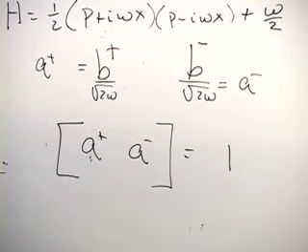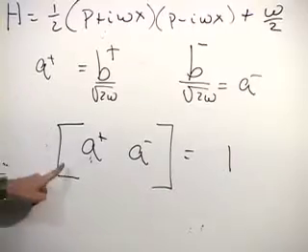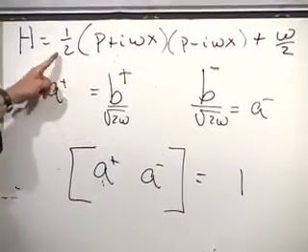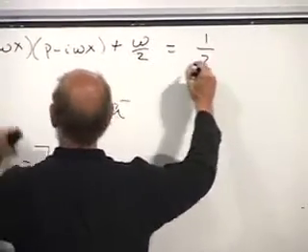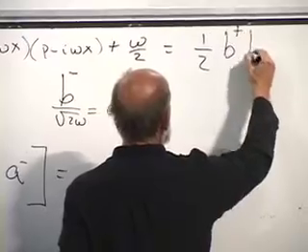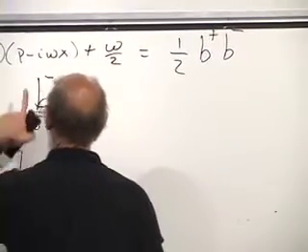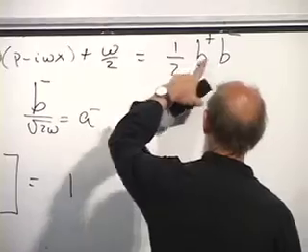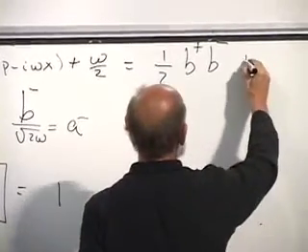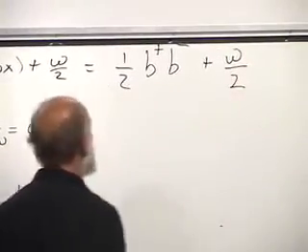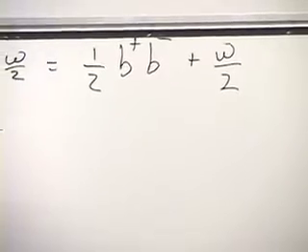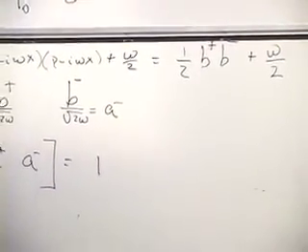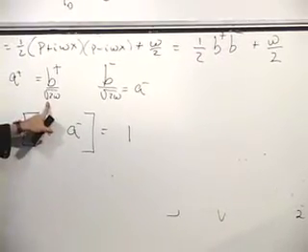Once we've done that, we can rewrite the Hamiltonian in terms of a plus and a minus. In terms of the b's, it's 1/2 B plus B minus, that's p plus i omega x times p minus i omega x, plus omega over 2. That's what it was here. But if I substitute in the a's, instead of B plus B minus I'll have a plus a minus times a factor of 2 omega.